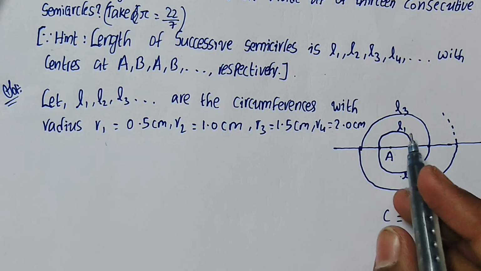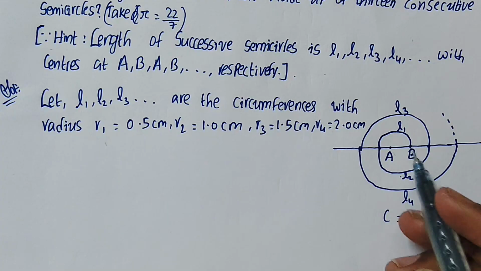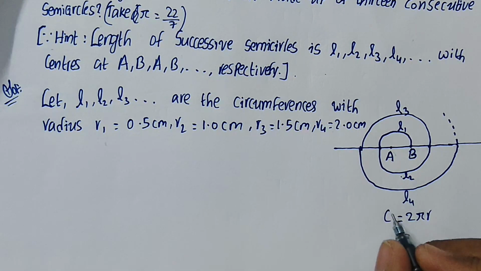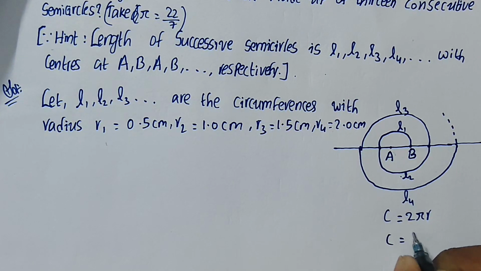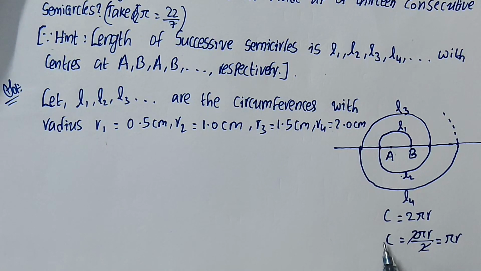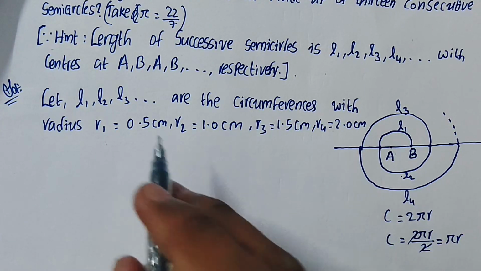What we are going to learn in this problem is about the semicircle. So the circumference of semicircle will become 2 pi r by 2, means 2 ones are 2, 2 ones are 2, equals to pi r. Pi r is the circumference of semicircle.